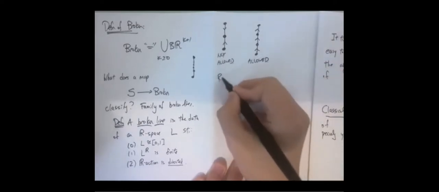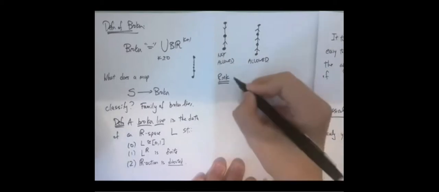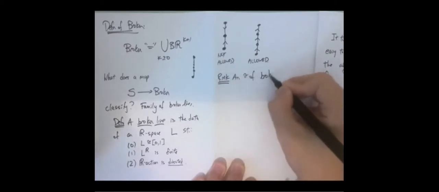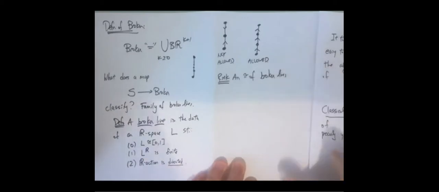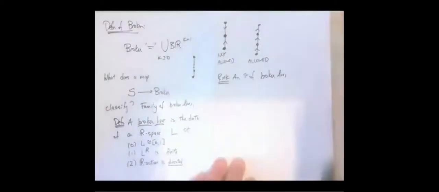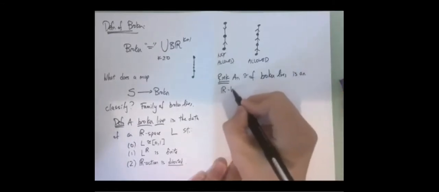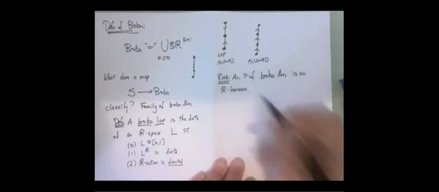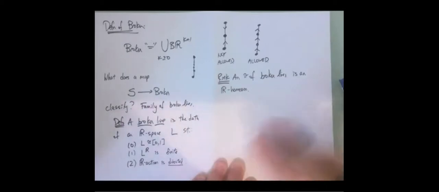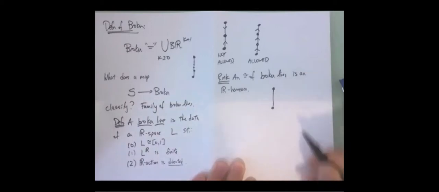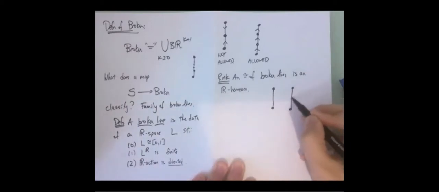Let me make a remark at this point. An isomorphism of broken lines is just an R-equivariant homeomorphism. If I were to look at the category, or really the groupoid, of broken lines, how many broken lines are there?